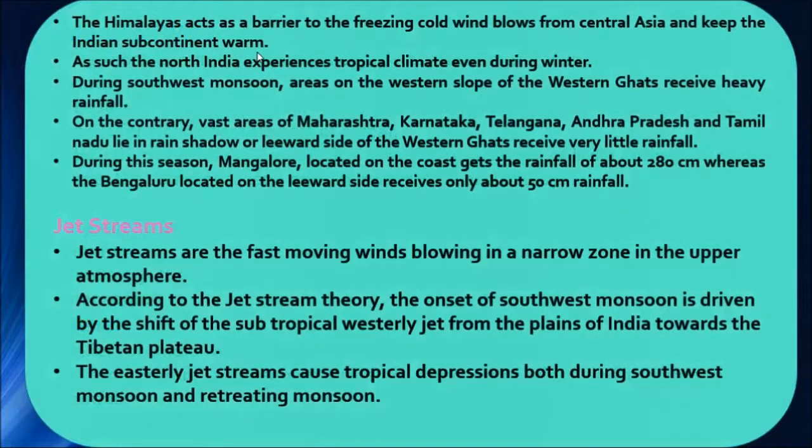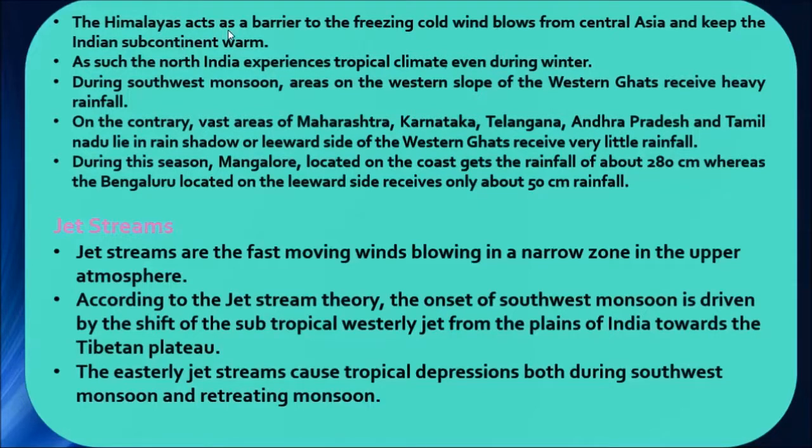The Himalayas act as a barrier to the freezing cold wind blowing from Central Asia and keep the Indian subcontinent warm. As such, North India experiences a tropical climate even during winter.